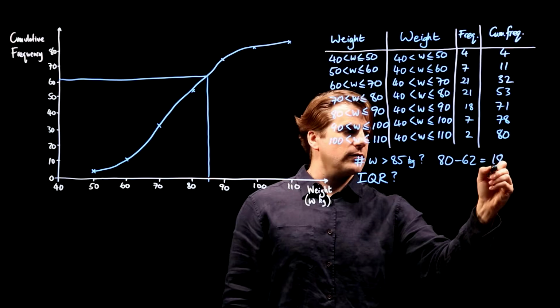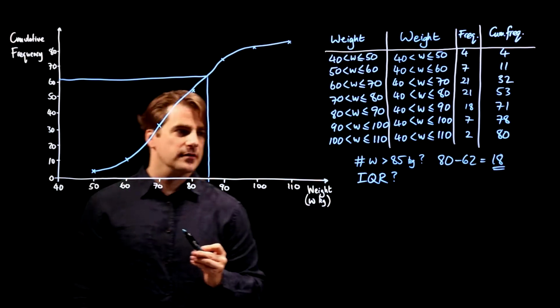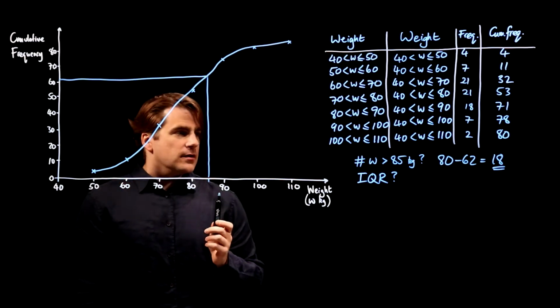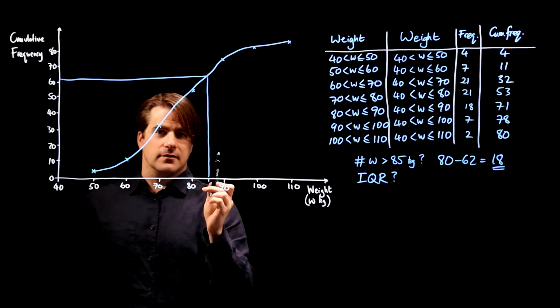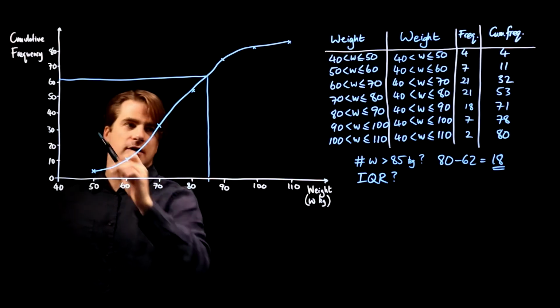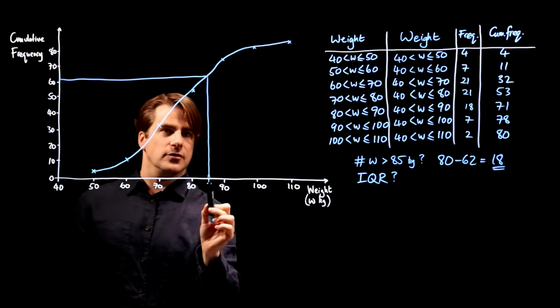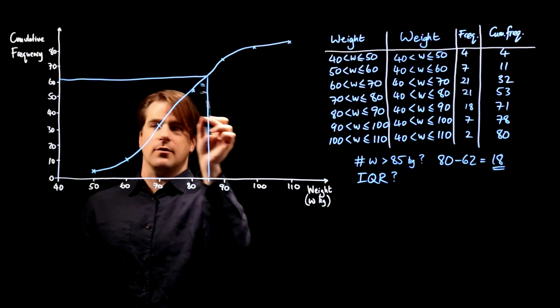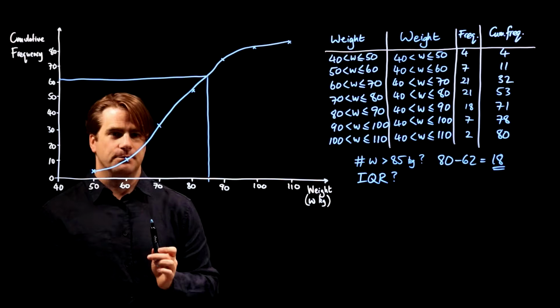So 18 adults have a weight greater than 85 kilograms. Again, I've done this by hand, and the examiner's looking at the answer sheet. You're allowed a little bit of leeway in the answer here, because you might have plotted a slightly different curve and so on. But the number around 62 is what you're looking for.